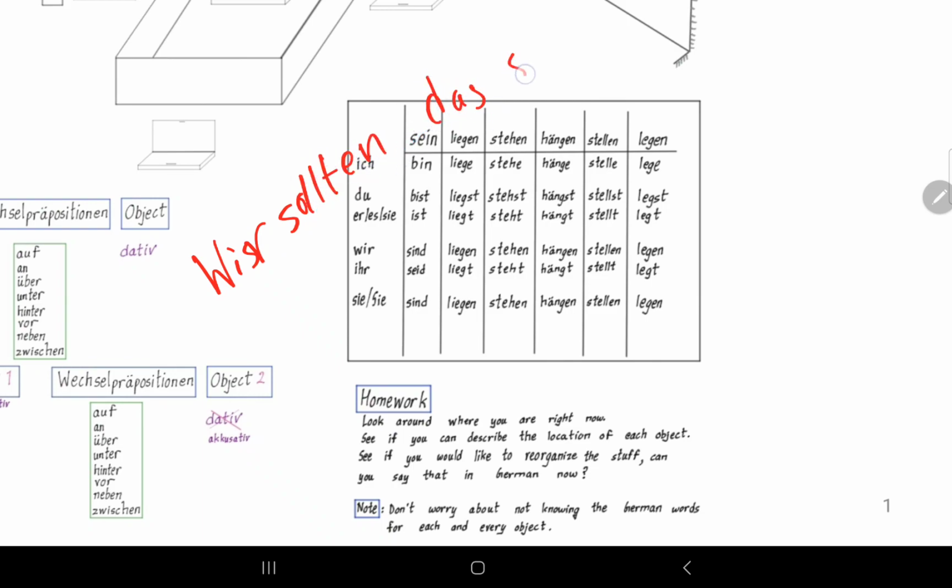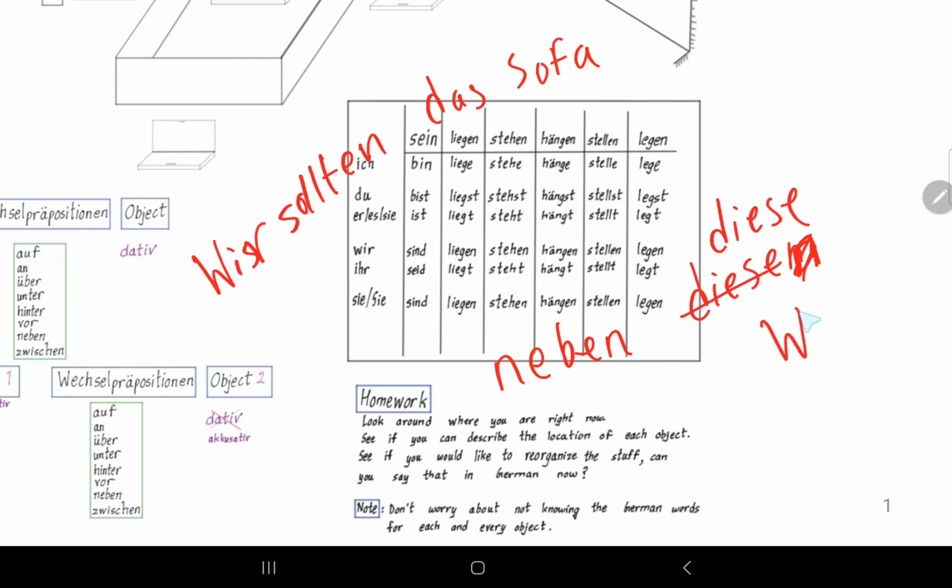Sofa is das Sofa. Then you will say neben, next to. I hope you know how to say these, so it will be diesen, not diesem, because it implies some kind of motion. And Wand is feminine, so it will just be diese one, right? If you want to move.